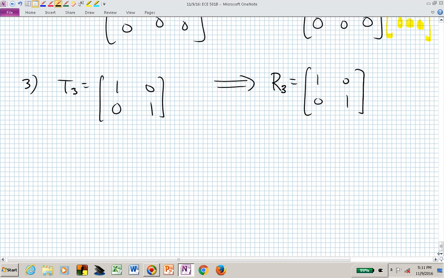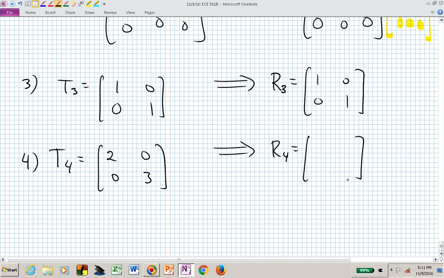Let's do a little bit more interesting. Suppose that we have T sub 4, but not to make it too hard yet, let's keep it diagonal. This could be plus or minus the square root of 2 and plus or minus the square root of 3 on the diagonal. True?